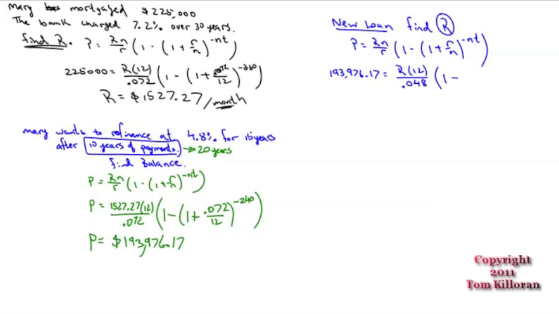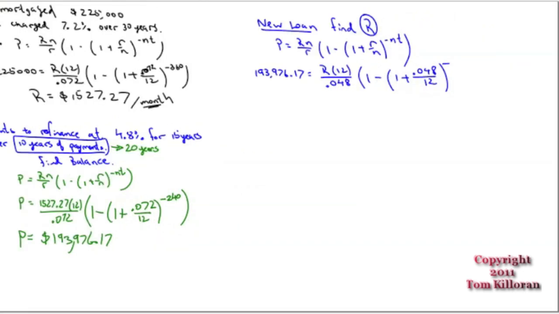Parentheses, 1 minus, parentheses, 1 plus, 0.048 divided by 12, raised to the negative 15 years. 15 times 12. So that gives us 180. Half of 360, basically.